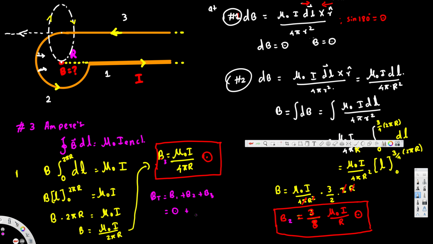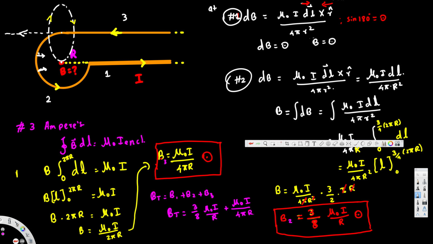B2 is equal to 3 over 8 mu naught I over R, and B3 is equal to mu naught I over 4 pi r. Let's get rid of this 0, because we don't need it, and this is our final answer. B total is equal to 3 over 8 mu naught I over R plus mu naught I over 4 pi r.